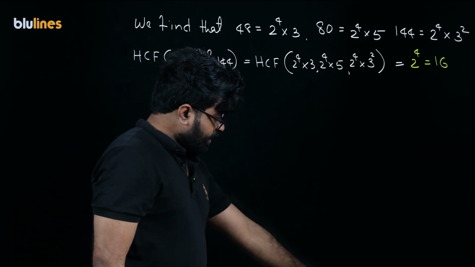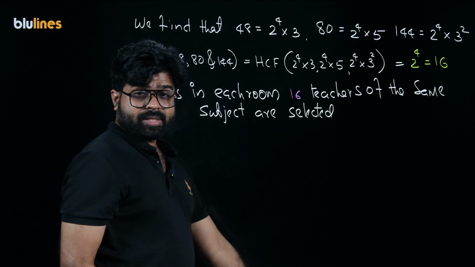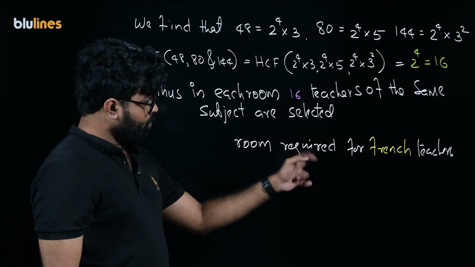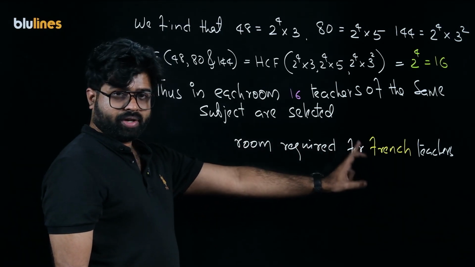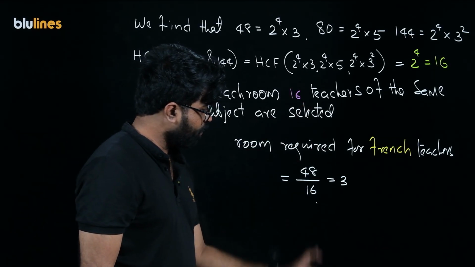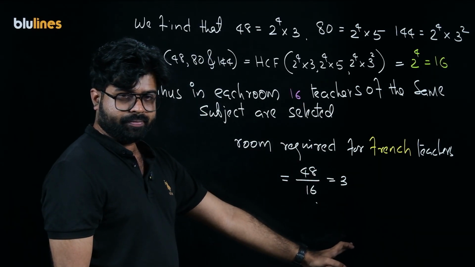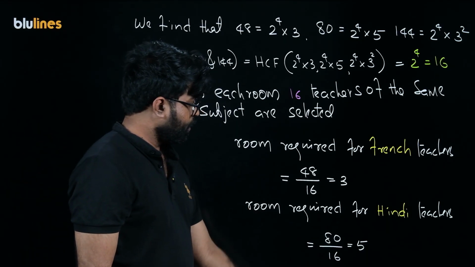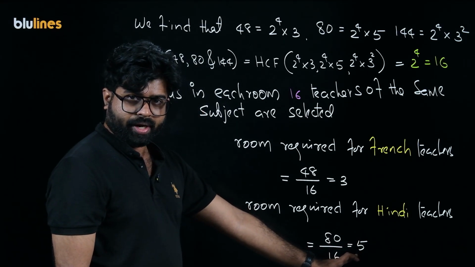Now there must be 16 teachers in the same room. So the number of rooms required for French teachers: there are 48 teachers, so 48 divided by 16 is equal to 3. For Hindi teachers, we have 80 Hindi teachers, so 80 divided by 16 is equal to 5.